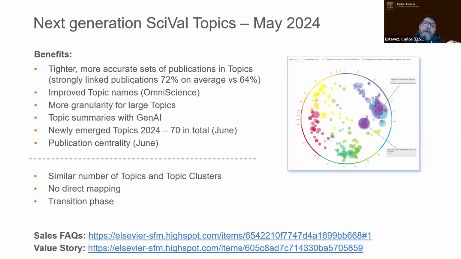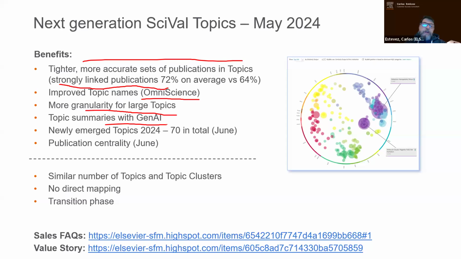We also have what we call the next generation SciVal topics, that was published in May of this year. So we have a more accurate set of publications. We are measuring the strength of the linkage of the publications. We improved the topic names using the Omniscience thesaurus, as I told you. We are more granular for large topics.